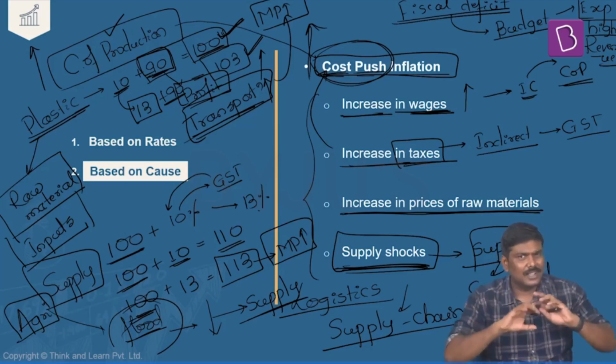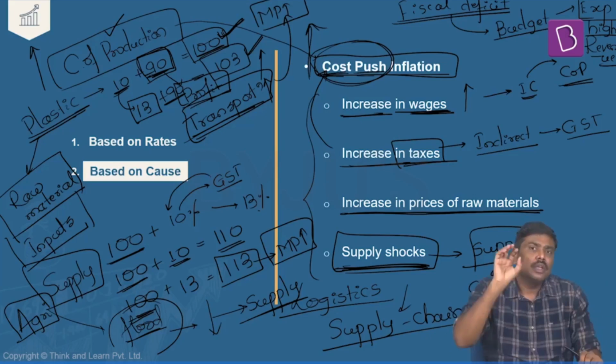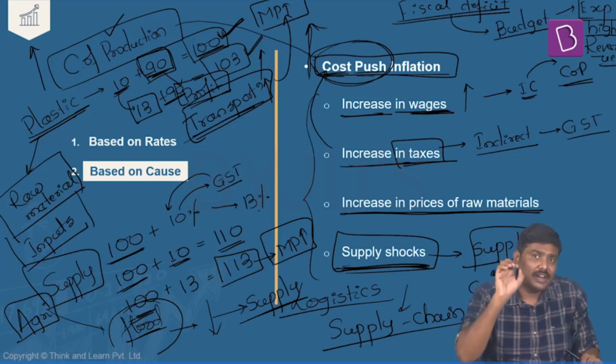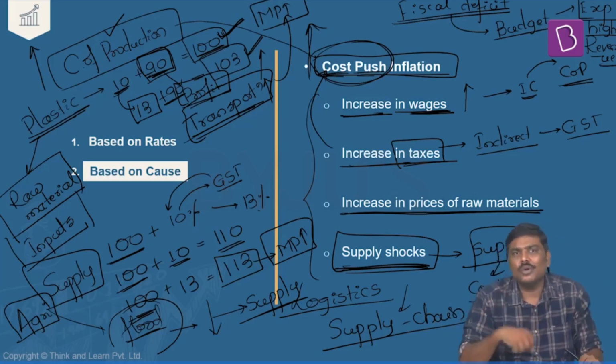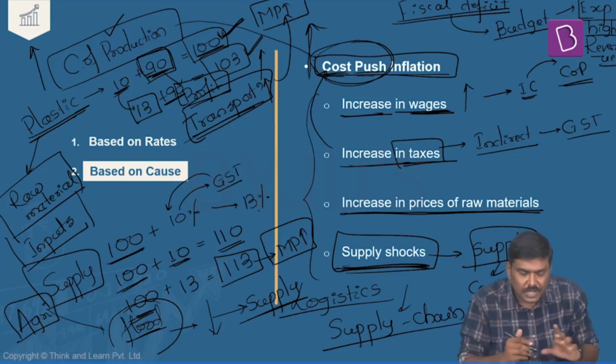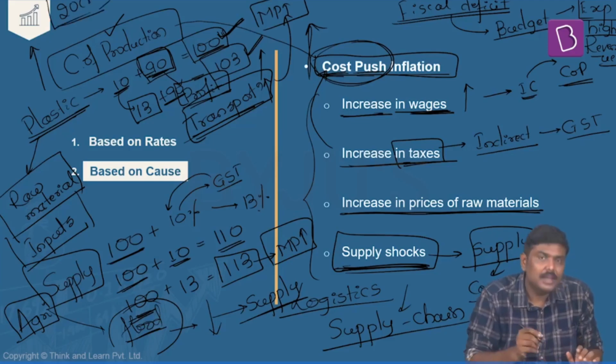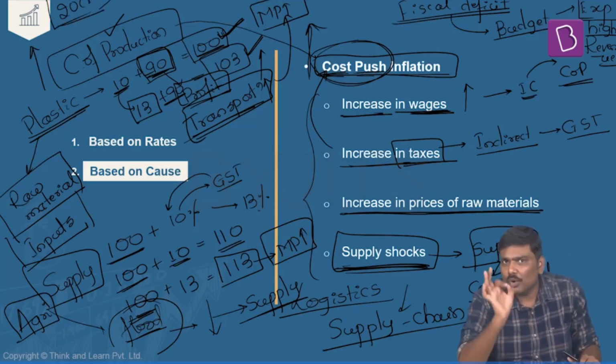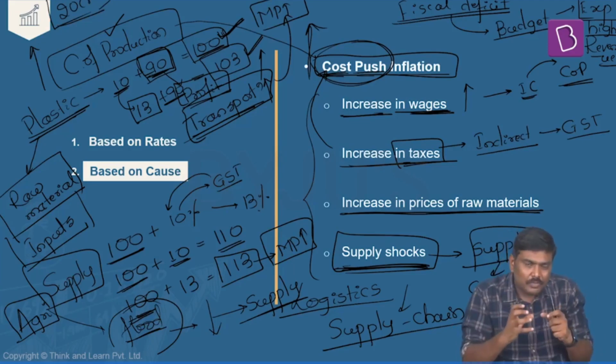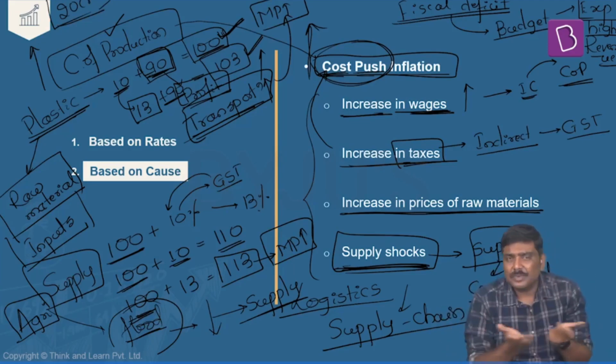Means what? Let's throw an arbitrary number here. If Government of India is spending 100 crore rupees, it is collecting only 80 crore rupees in the form of revenue. So there is a shortfall of how much here? There's a shortfall of 20 crore rupees. And how does Government of India take care of this shortfall?